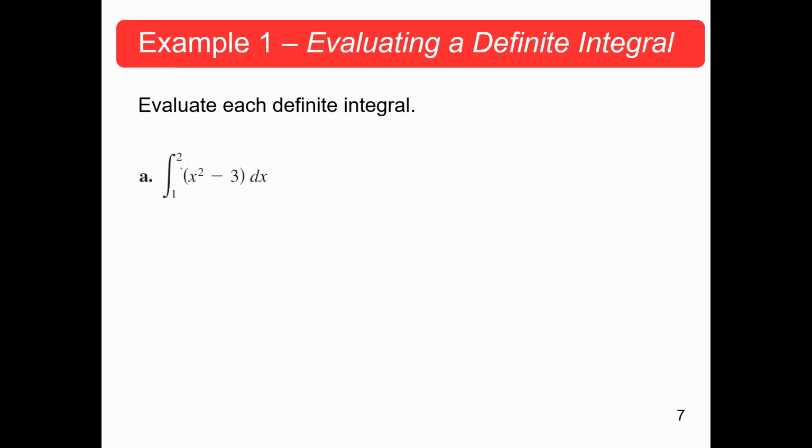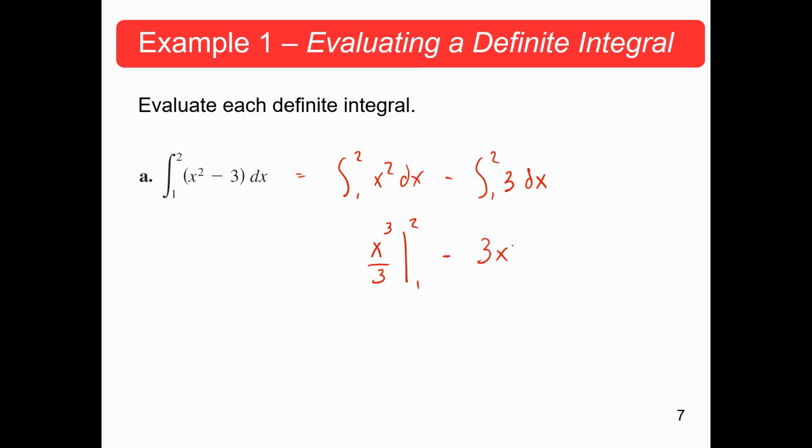So let's take a look at this example here. We've got the integral of x squared minus 3 from 1 to 2. All right, so this is not too bad a problem. We're going to separate it out: the integral from 1 to 2 of x squared dx minus the integral from 1 to 2 of 3 dx. So here we're going to raise this to the third power and divide by 3, and we're going to evaluate it at 1 and 2. And then we're going to do the same thing here.